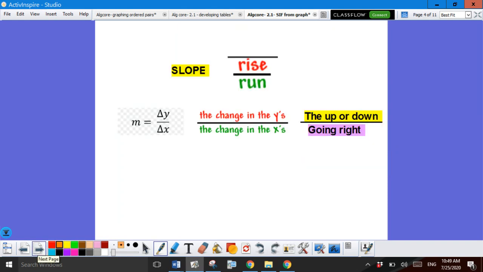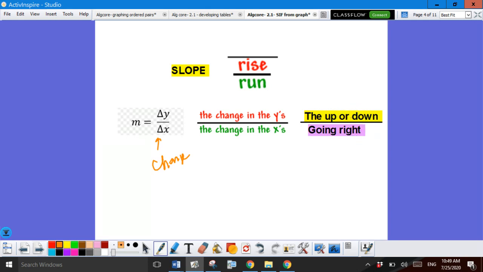So slope, if we remember, is the rise over the run, okay? It's how much movement a point has. It can be written as rise over run. It can be written as these triangles, which mean change: the change in y over the change in x. And what we're going to be thinking about is the up or the down, and then how far right do we go?